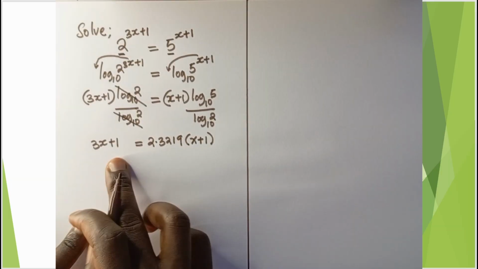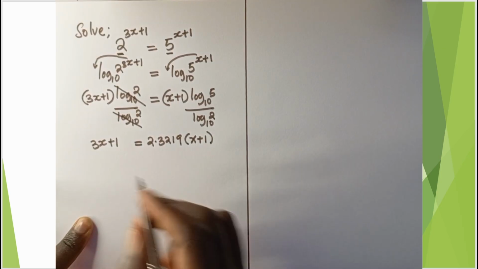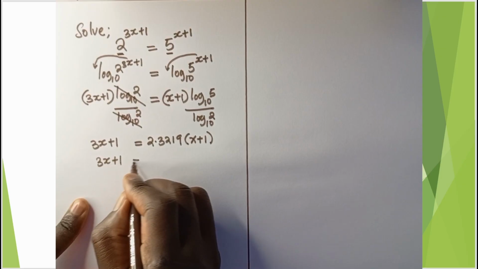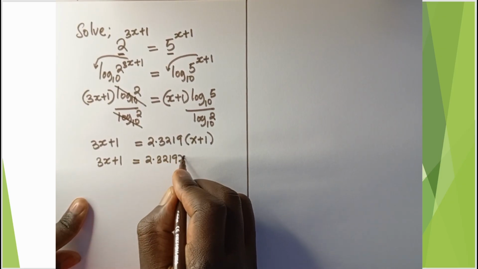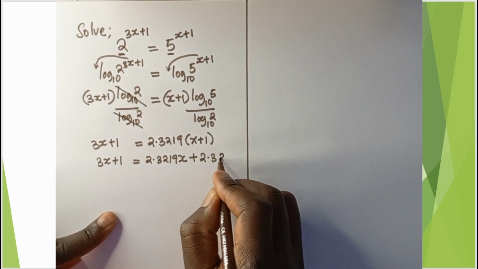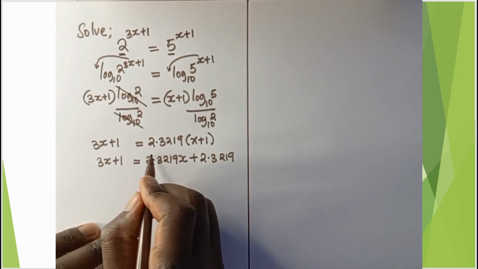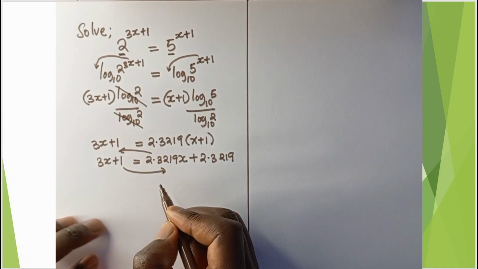When you reach here, it is easy now. You can go ahead and simplify and solve. So when we simplify, we shall have 3x plus 1 is equal to 2.3219x, we expand the brackets, plus 2.3219. So when we collect like terms together, we bring the x this side and also the 1 this side.